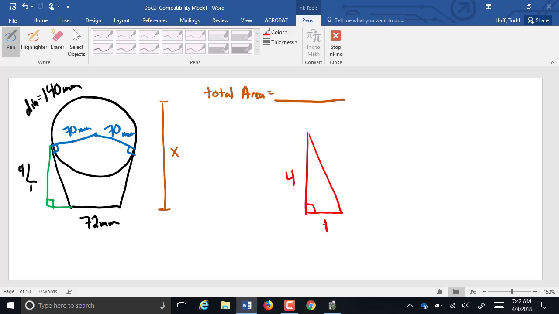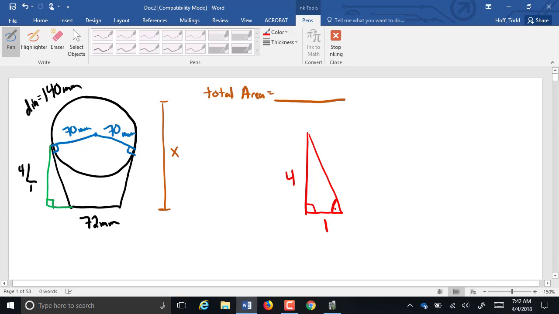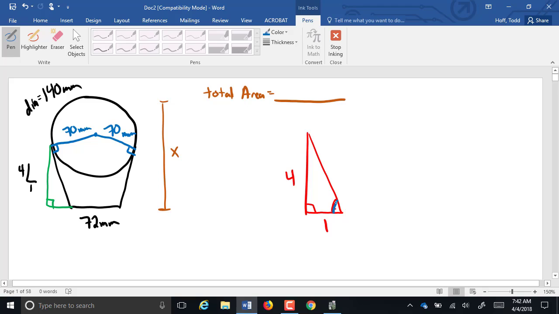So then, let's find an angle here. How about this one? According to that angle, the 4 is which side of this triangle?